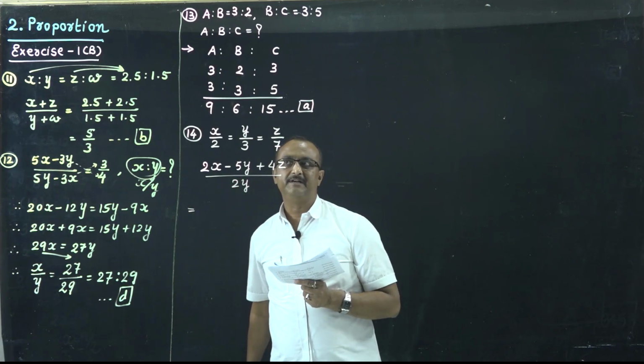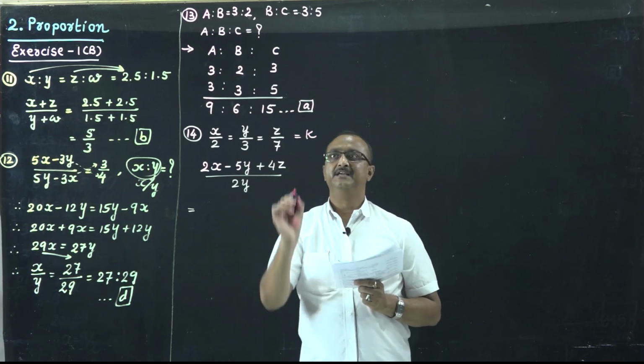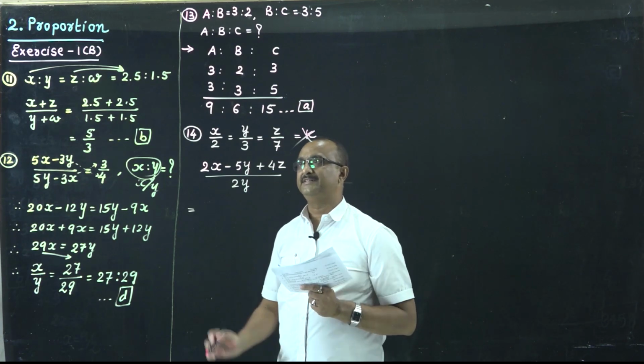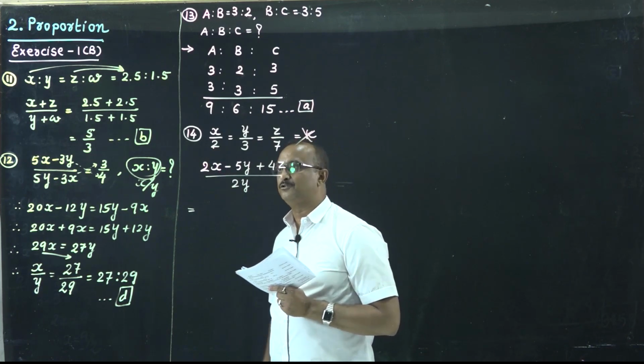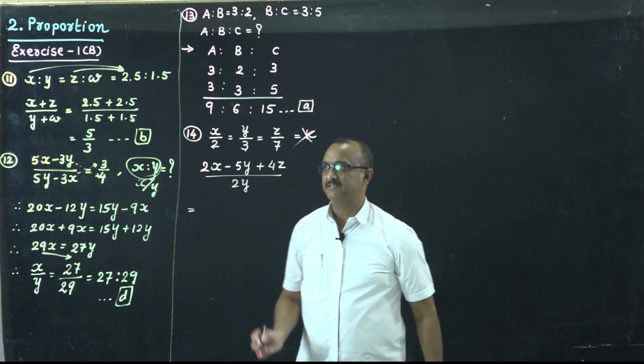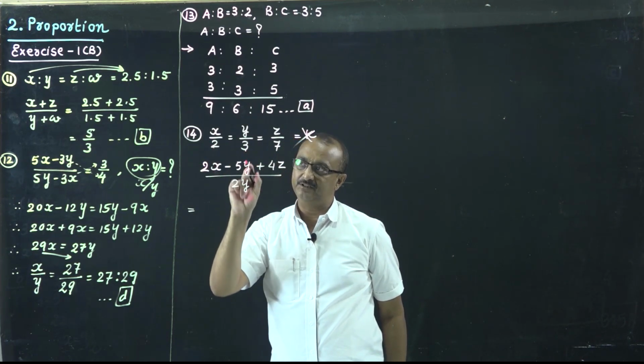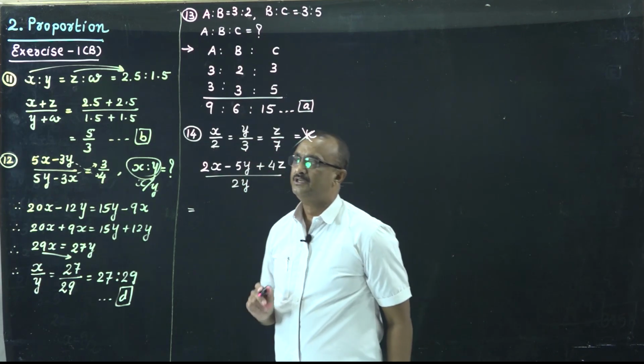Okay. So what did we learn earlier? That we can suppose it is equal to k. But instead of doing this, we are taking x equal to 2, y equal to 3 and z equal to 7. Now substitute x equal to 2, y equal to 3 and z equal to 7.